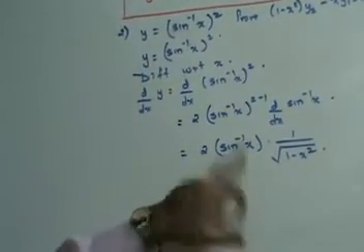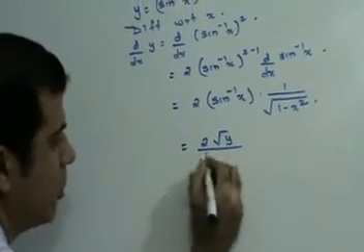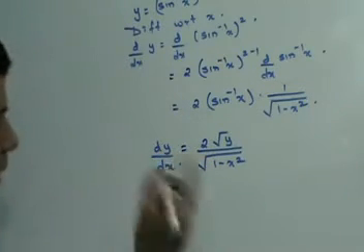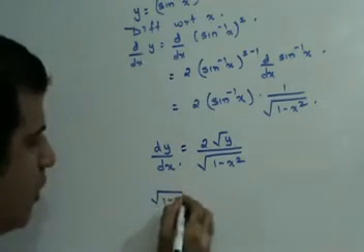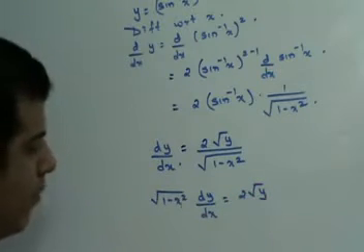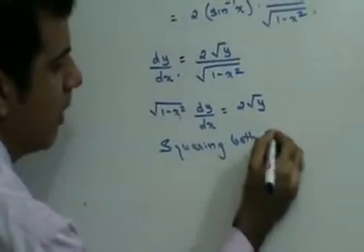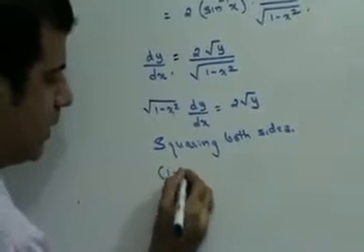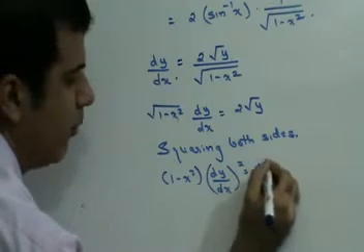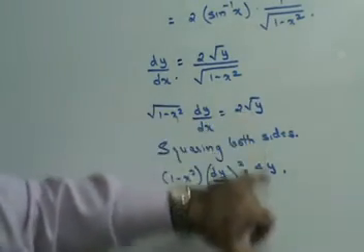That means sin⁻¹x can be substituted as √y, so that's what my dy/dx is: 2√y upon √(1 − x²). Take √(1 − x²) on the other side, so √(1 − x²) dy/dx is 2√y. Squaring both sides, I'll get (1 − x²)(dy/dx)² is equal to 4y. I've squared each of these terms.